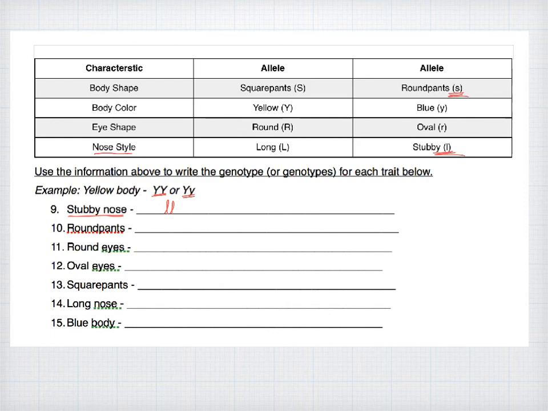So round pants would be given by lowercase s. If it has round pants, it's showing the recessive trait, so it would have to be lowercase s, lowercase s. Okay, so you're going to continue. You're going to do 11 through 15 on your own. Same idea. Get the genotype or genotypes for the specific trait, and when you're done, restart the video and continue.